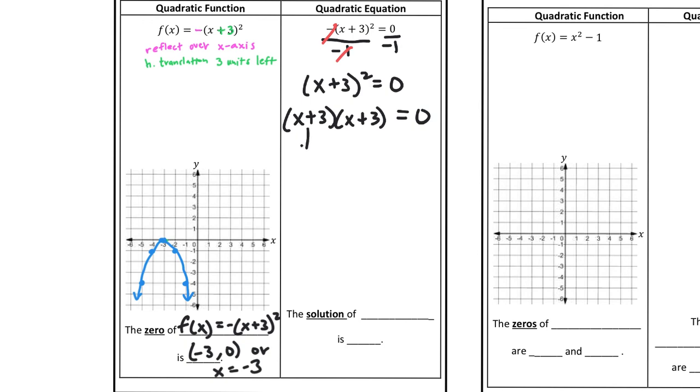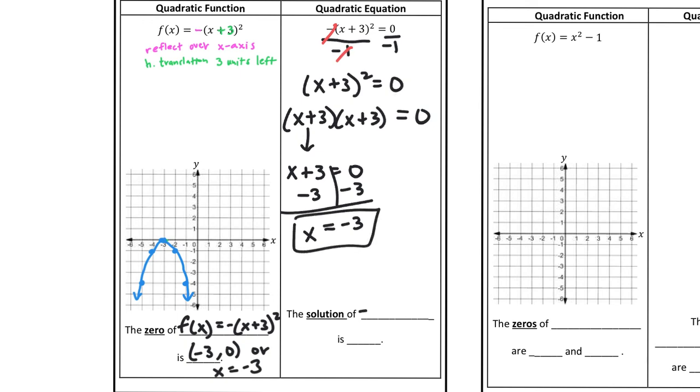So that means that from here x plus 3 equals 0 if we use the zero product property. Then we subtract 3 on both sides. X equals negative 3. So the solution of the problem negative x plus 3 squared equals 0 is x equals -3. And then you should notice that they match.